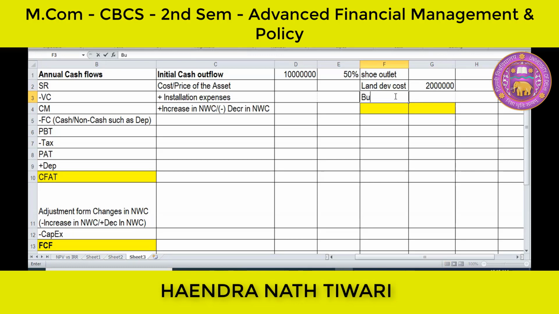You have to construct a building that will require 2 crores. You will have to set up the plant. Plant नहीं, outlet खोलना है ना मुझे. हाँ. So fixed assets you will have to buy, and that will require 1 crore 30 lakhs.